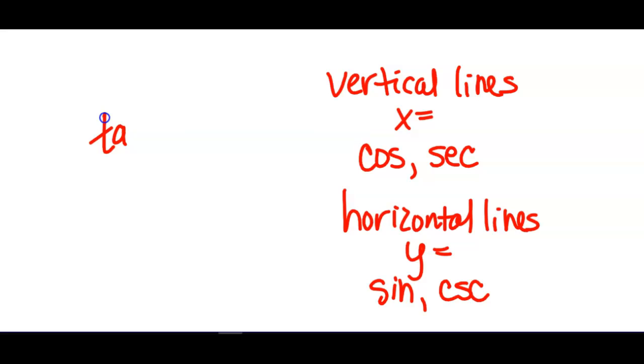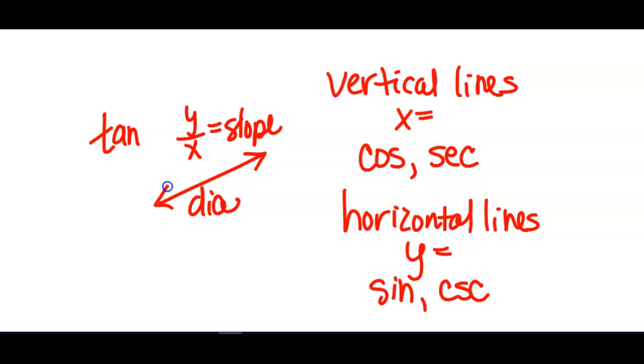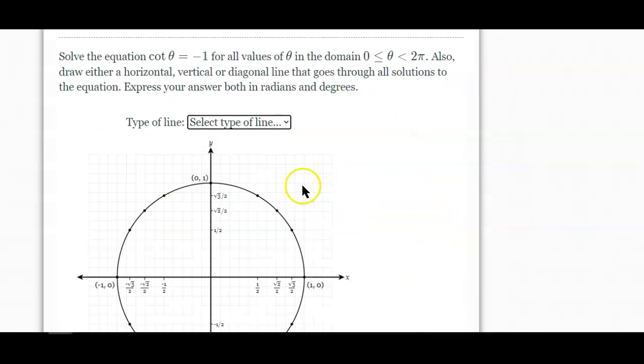And the tangent is y over x, which is slope. And that means we're going to need a diagonal line for tangent or cotangent. Okay? So we're going to go back to Delta Math.